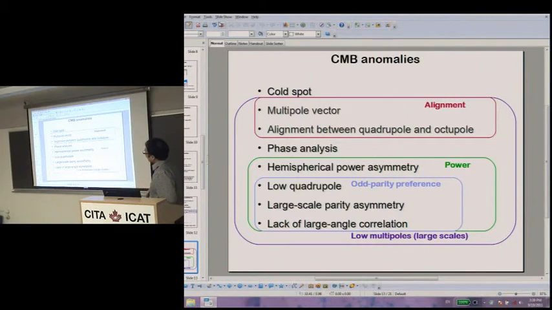Also the cold spot and hemispherical power asymmetry: there's a paper which claims that when you reduce the cold spot to zero, 60% of the hemispherical power asymmetry is gone. So it seems like most of the CMB anomalies are somehow related. It hints that there might be a common underlying origin for all these anomalies because they share many features.